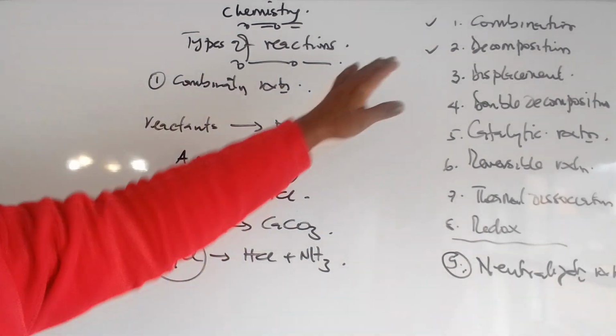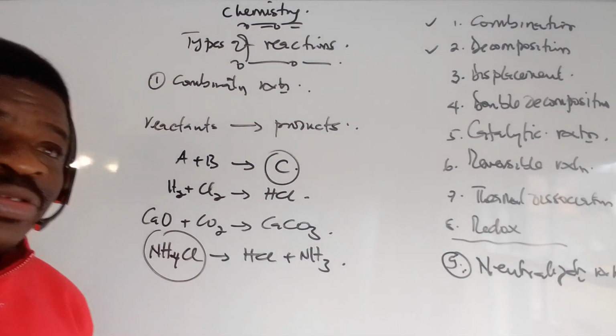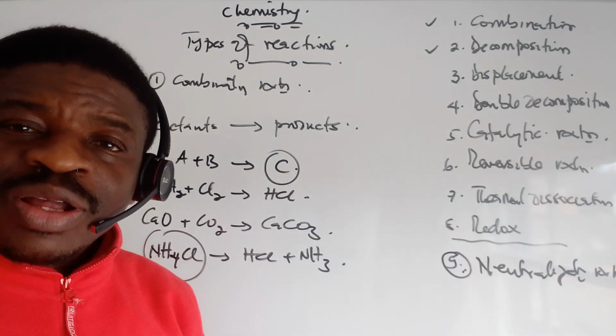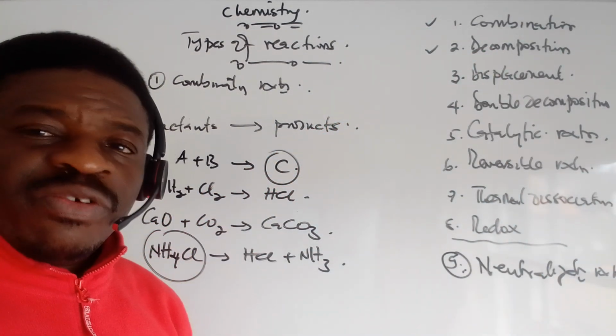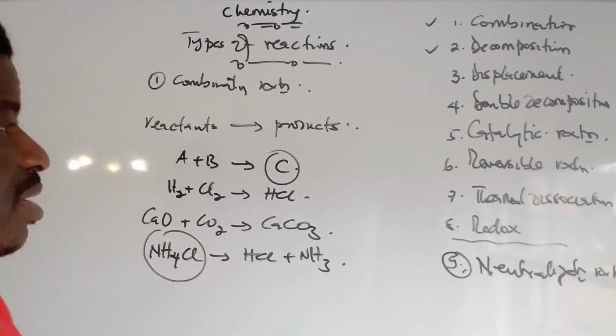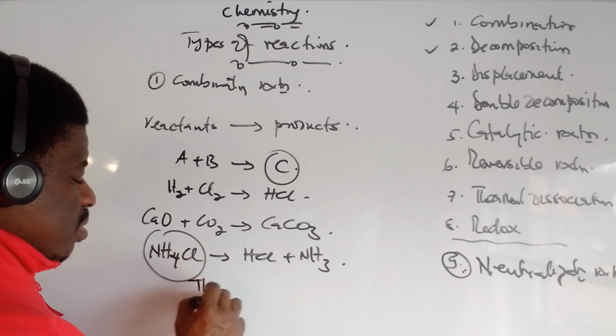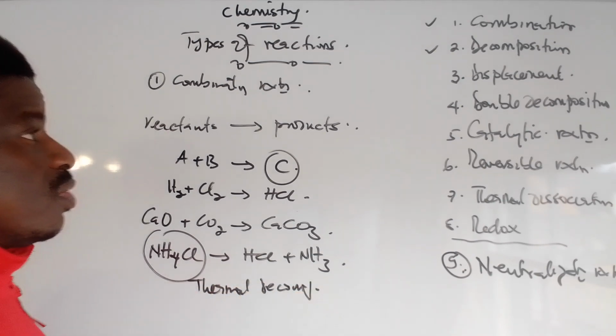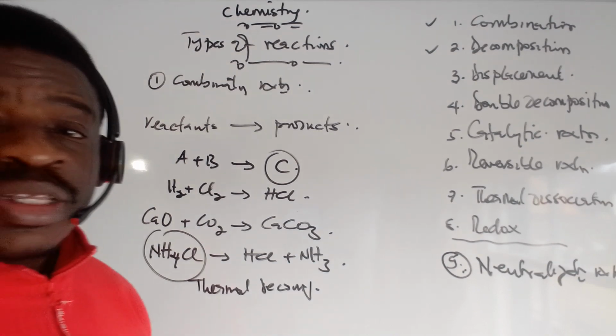Decomposition reaction can also be a thermal decomposition. Thermal decomposition is when heat is involved in that decomposition reaction. So you can call it thermal decomposition reaction. Please take note of that.